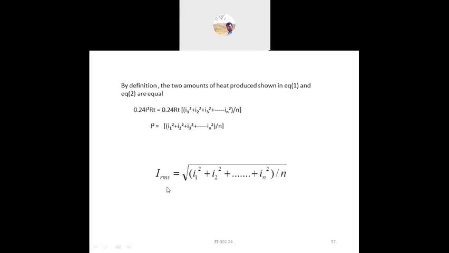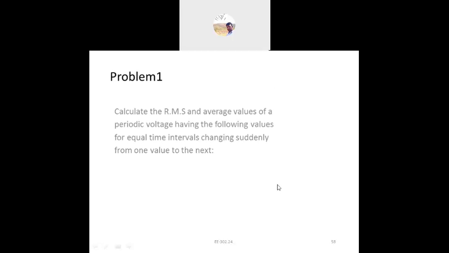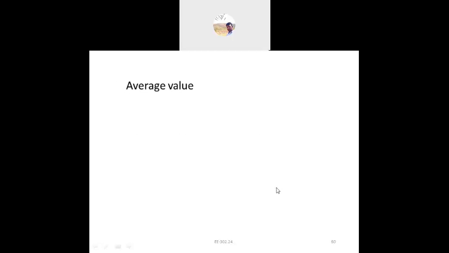I RMS equals the square root of I1 squared plus I2 squared up to In squared, divided by n. So the I RMS is equal to the root of the average of the squares, the root mean square value. These formulas are given for examination purposes, and there are some problems on them.